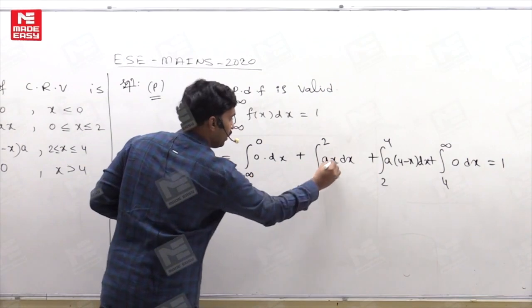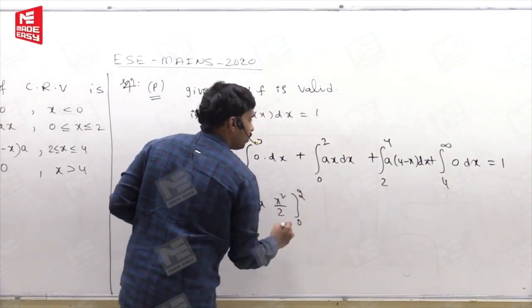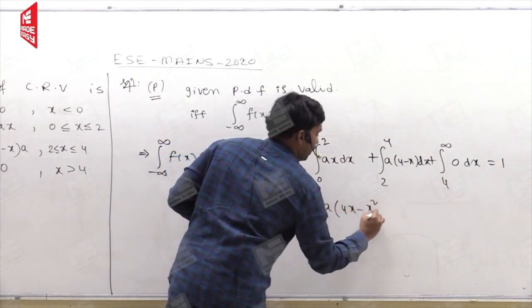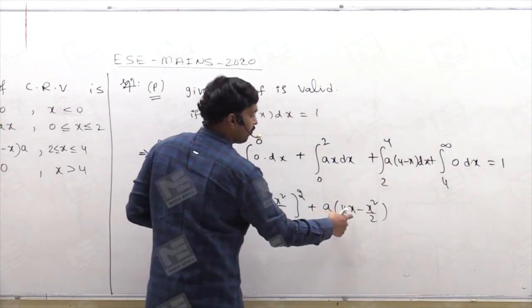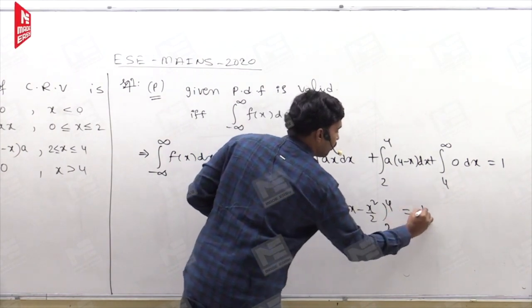This is 0, and the integration of the next is a x square by 2 from 0 to 2, plus a into 4x minus x square by 2 from 2 to 4, is equal to 1.